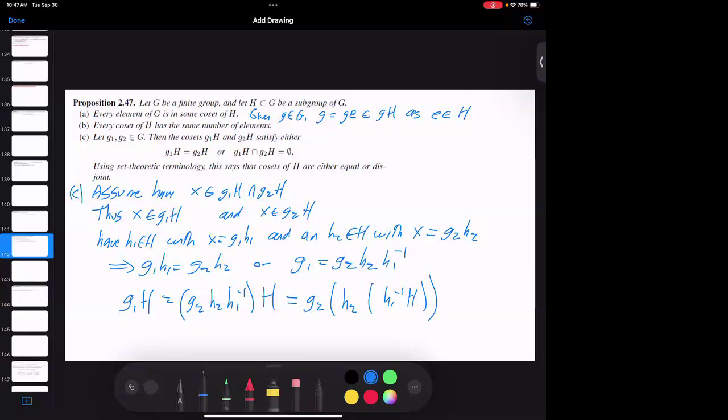I am going to get a coset. Which coset do you think I'm going to get? I'm multiplying by h inverse.